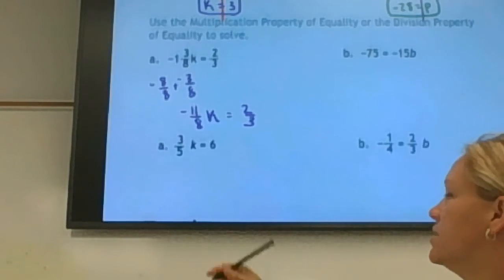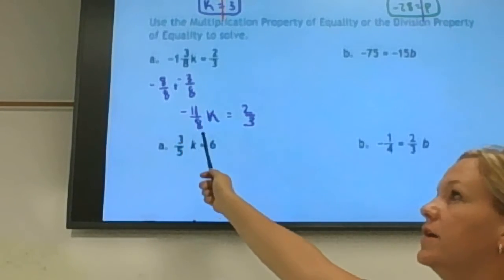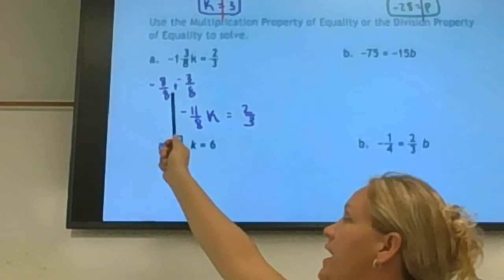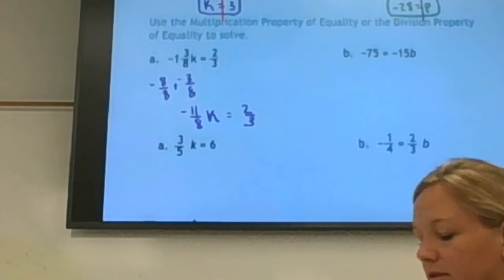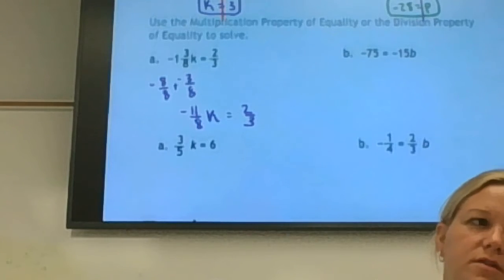So I'm changing this instead of 1 3/8 to negative 11 over 8 because you have 8/8 and 3/8 would make 11/8. Well, 1 is 8 over 8.